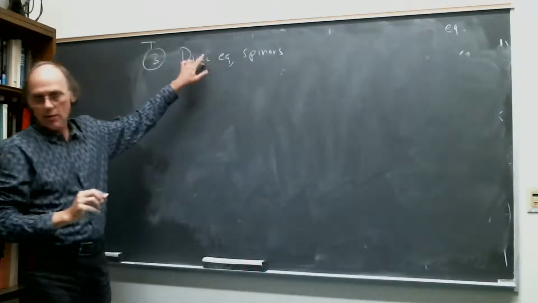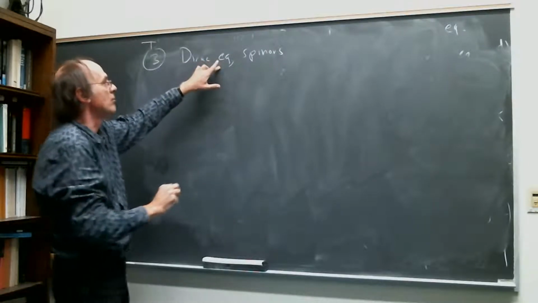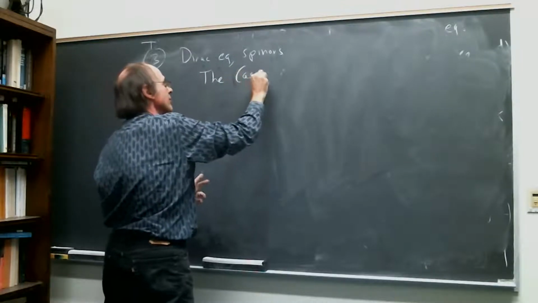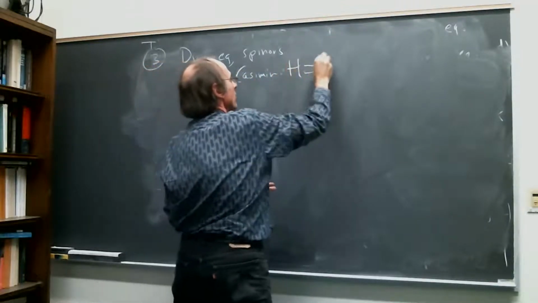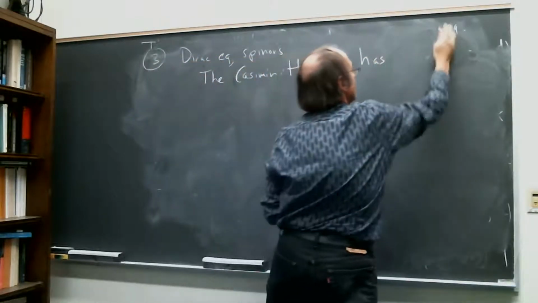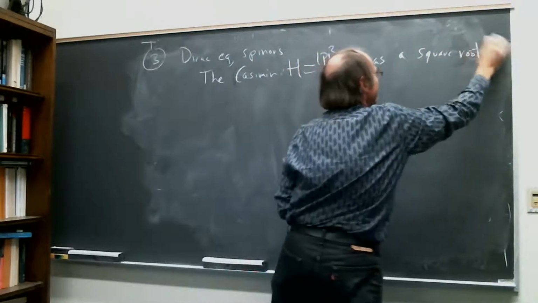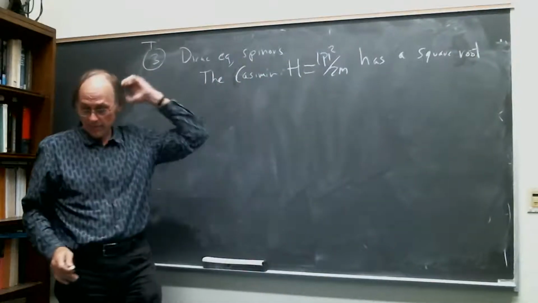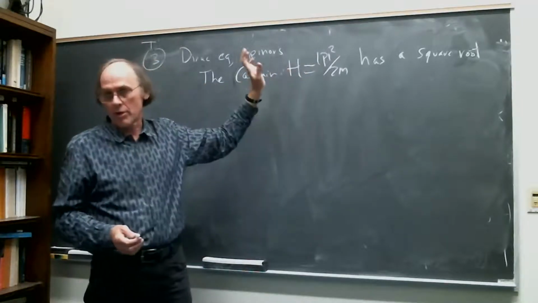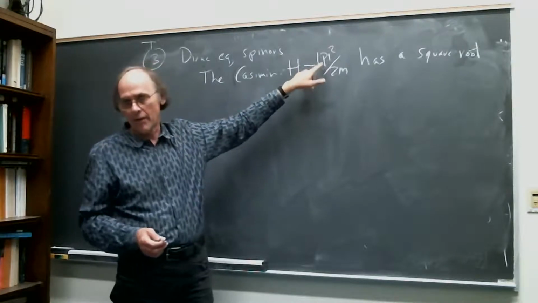So to understand the Dirac equation, maybe here's a really abstract way of saying this: the Casimir H equals p squared over 2m has a square root. This is the basic idea of the representation theory behind the Dirac equation, is to say that, wait a minute, you can actually find the square root of this thing.